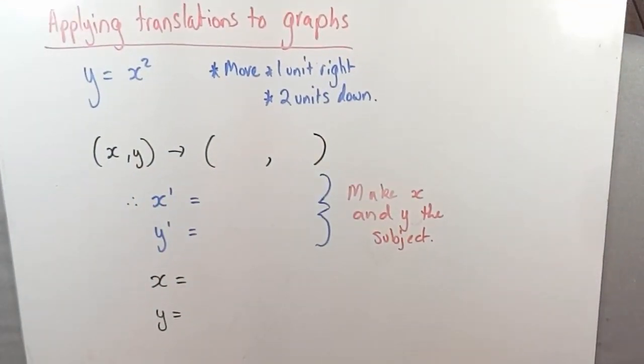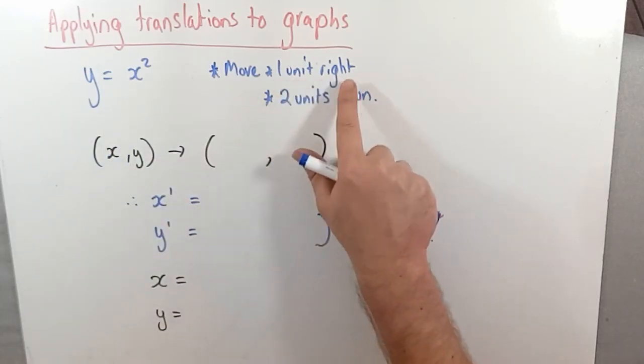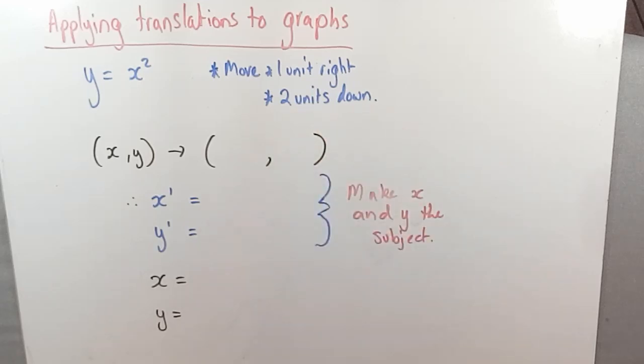Okay, applying translations to graphs. So you might not just pick one point to transform, but you might do it to a whole graph. So let's say you had y equals x squared and you wanted to move it 1 unit to the right and 2 units down.